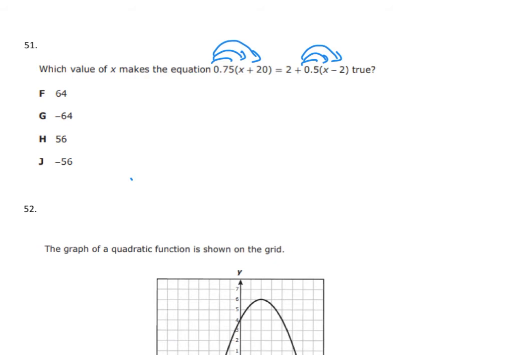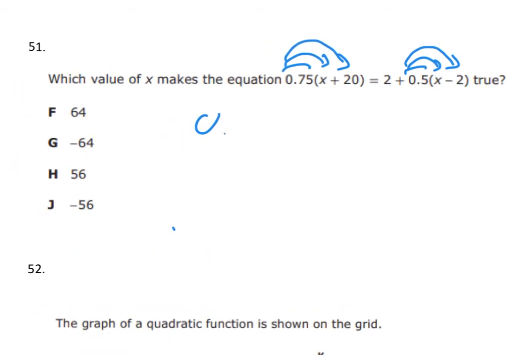So 0.75 times x will be 0.75x. 0.75 times 20, that would be 15. 2 plus 0.5 times x will be 2.5x, and 0.5 times 2, that will be 1. So we're going to have negative 1. The reason why we have negative is because positive times negative will be negative, right?